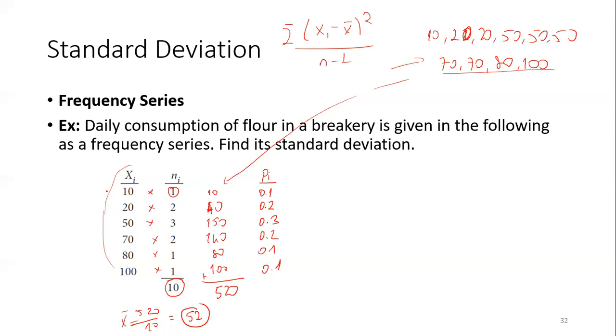What you do is multiply 10 by 0.1, which is 1, and this is 4, and 0.3 times 50 is 15, and this is 8, and you have 10.